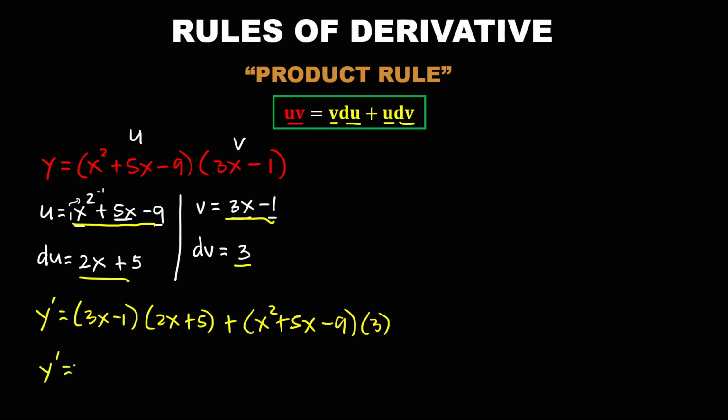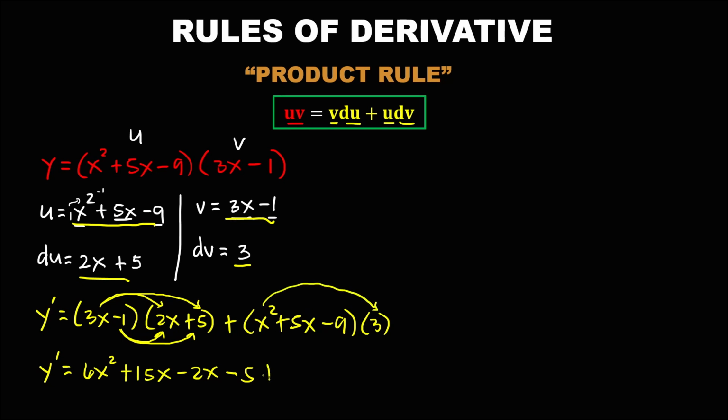Then simplify, so multiply 3x times 2x, this is 6x squared, 3x times 5 is positive 15x, then negative 1 times 2x is negative 2x, negative 1 times 5 is negative 5, then x squared times 3 is positive 3x squared, 5x times 3 is positive 15x, negative 9 times 3 is negative 27.